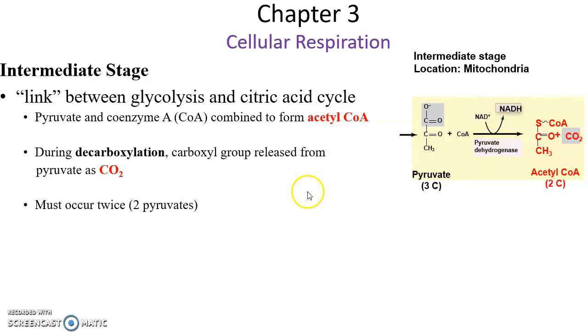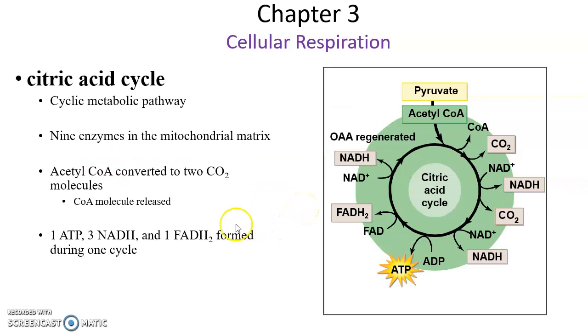Also, we get an NADH formed, and carbon dioxide produced, decarboxylation, losing that carbon to form carbon dioxide. Then we move on to the citric acid cycle. That acetyl coenzyme A is going to enter the cycle.